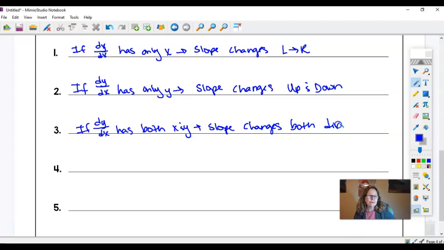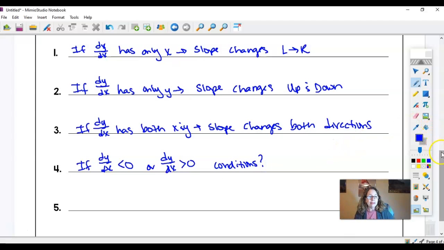Darn it. Those are the ones that are a little bit trickier, I think. So if your differential equation is less than 0, or if it is greater than 0, just think about which one matches.